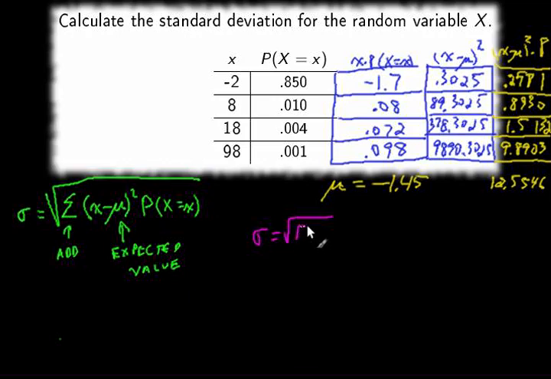So we have the square root of 12.5546, which is approximately 3.54.